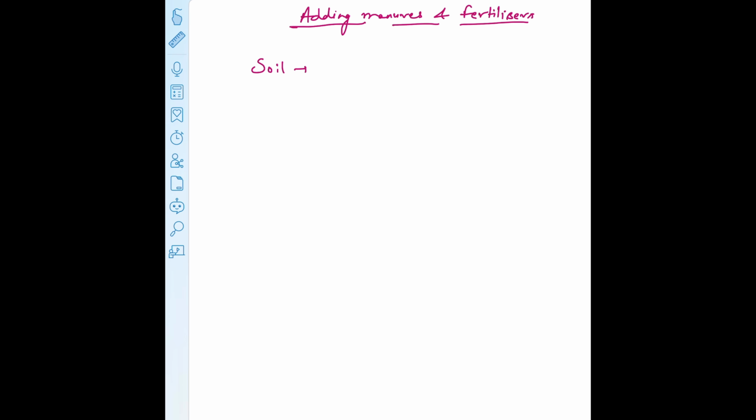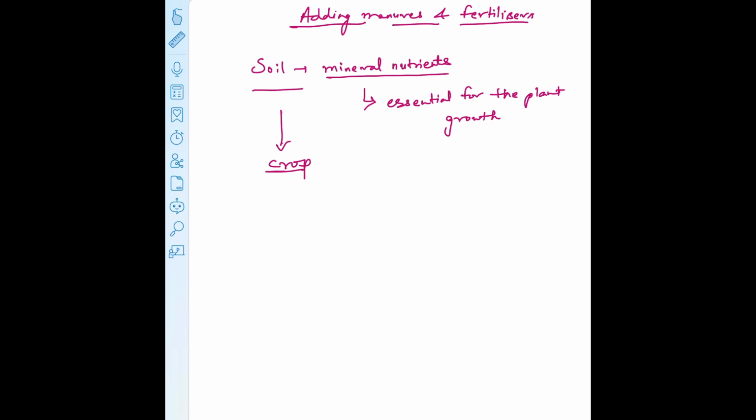So we know soil contains mineral nutrients, and these nutrients are essential for plant growth. Okay, so every year a crop is grown in a field, so the soil is never left uncultivated.